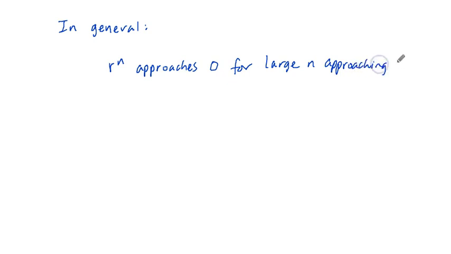Therefore, in general, r to the n approaches 0 for large values of n approaching infinity only if -1 is less than r less than 1. We have a fraction between -1 and 1, and of course we can't have r being 0.